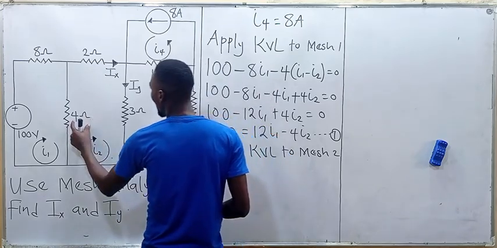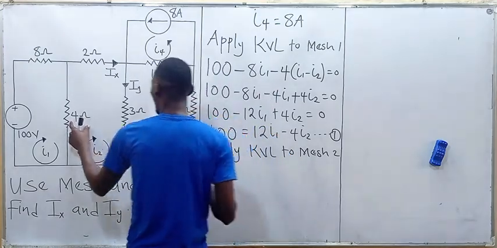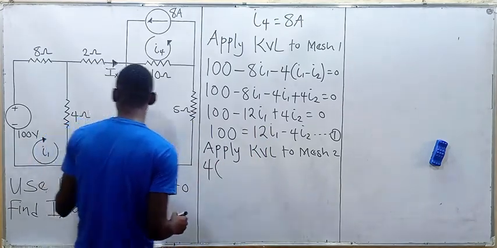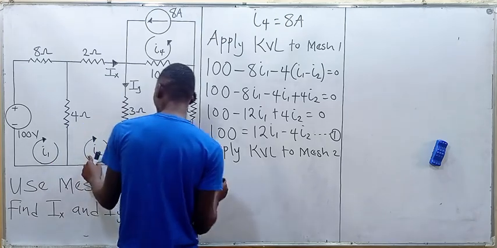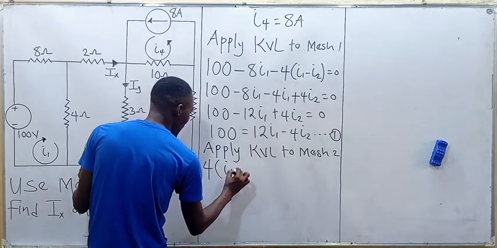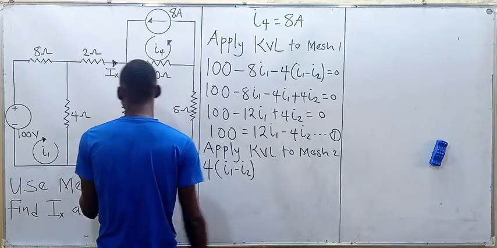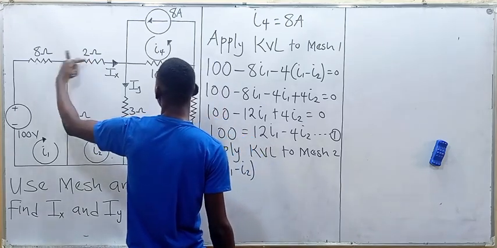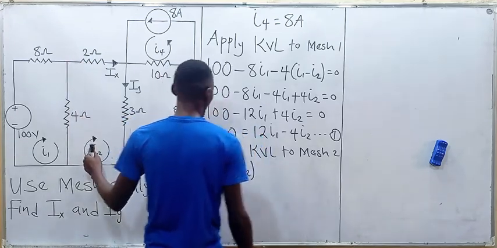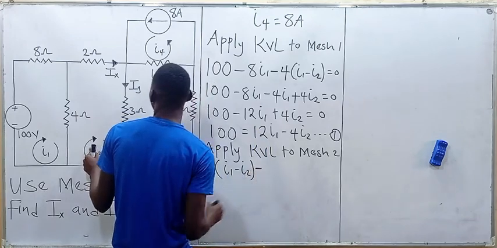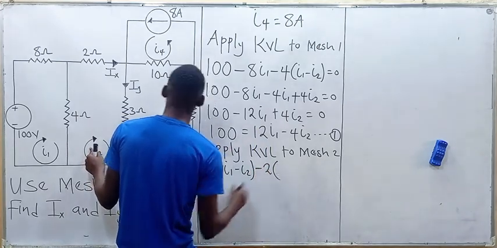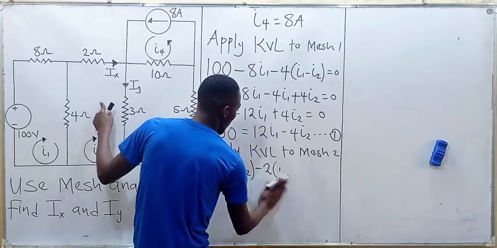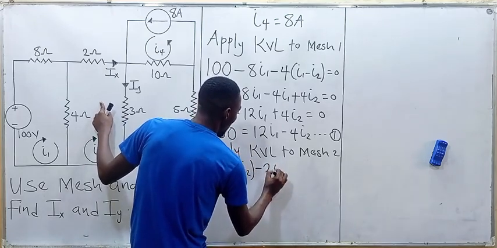So we are going to take a positive voltage drop here, which is going to be 4, but it is between I1 and I2, so this is going to be I1 minus I2. Again, we are having 2, and our current is going in the same direction as the mesh current. So I'm going to take negative 2 into I2, that is 2I2.